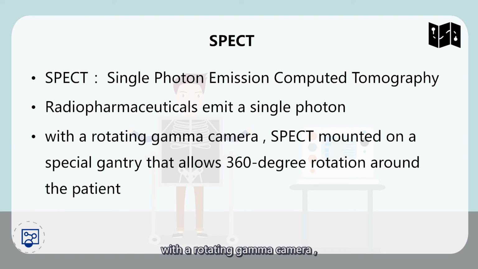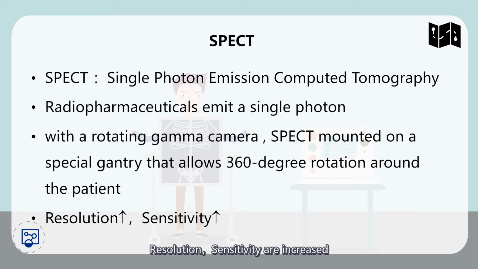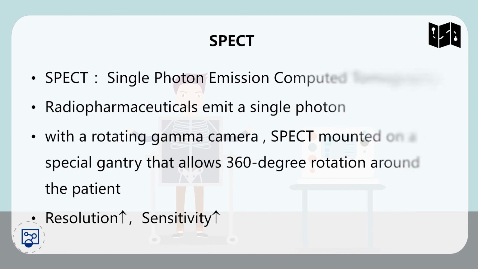With a rotating gamma camera, SPECT is mounted on a gantry that allows 360-degree rotation around the patient. The imaging from SPECT is just like what we see in CT, a tomographic reconstruction of body slices. So the resolution and sensitivity are increased.